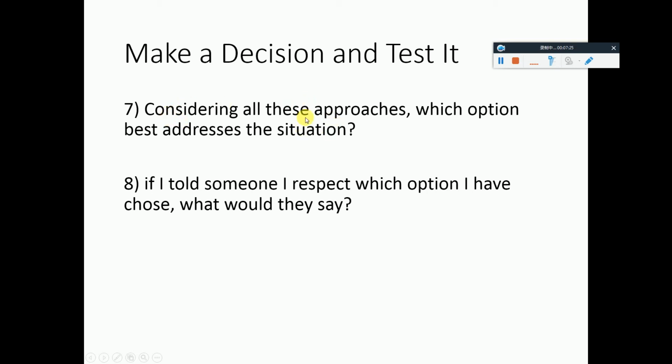So considering all the approaches, the utilitarian approach, the rights approach, the justice approach, the common good approach, and the virtue approach, which option or options best address the situation, right? Another very useful thing to do is, if you can't decide, then you should ask someone that you respect, or imagine asking someone you respect this question and think how they will answer it, right? So that will help too.